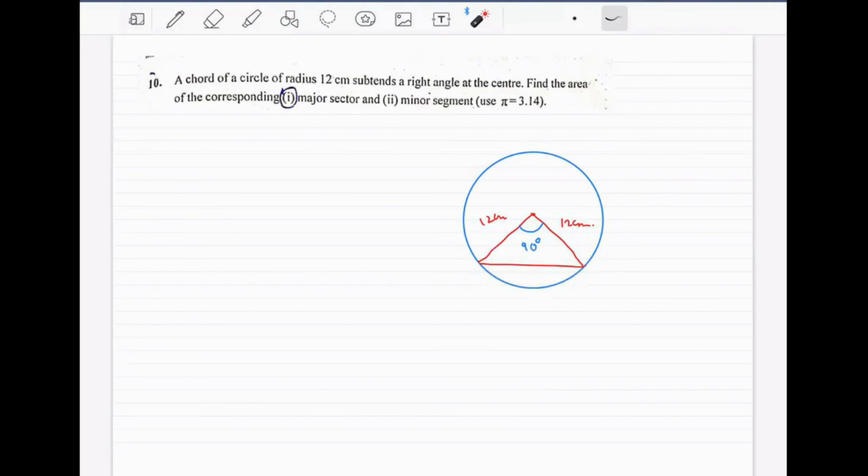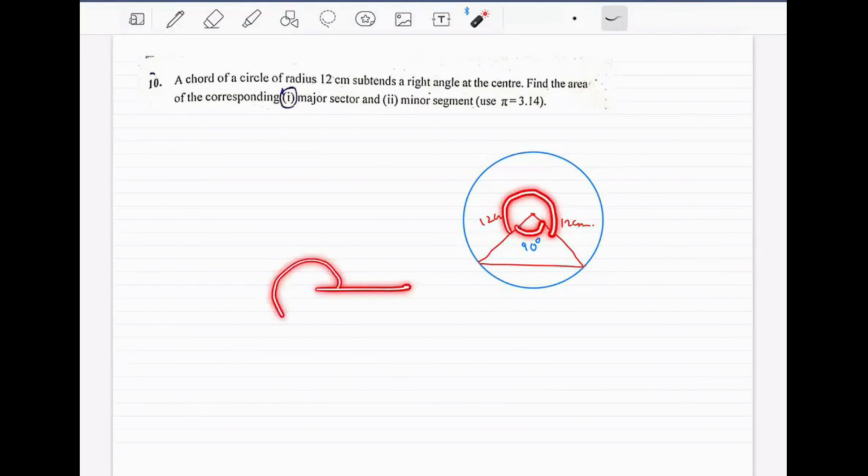And what is the major sector? This is the minor sector. That means the remaining part right here must be the major sector, right? This is the major sector, isn't it? So if this angle is 90 degrees, how much is the remaining angle?